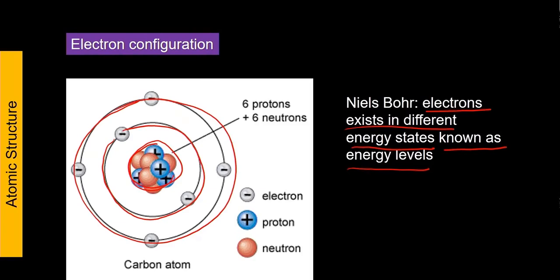And the electrons with the lower energy state will be in this first level, and we call it N equals 1. Okay, so the electrons with the lower energy state would be in that energy level. The next energy level would be N equals 2. And that would be the electrons that have got a higher energy state.